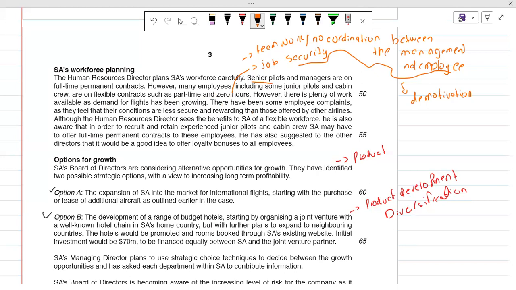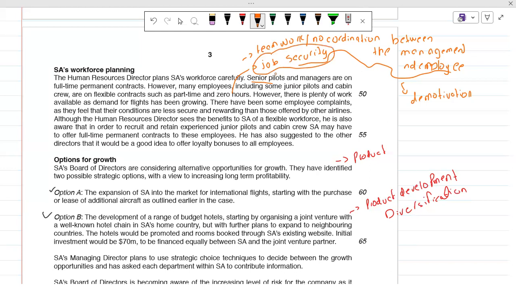There have been some employee complaints, as they feel that their conditions are less secure and rewarding than those offered by other airlines. They don't feel secure, meaning there is no job security for them.